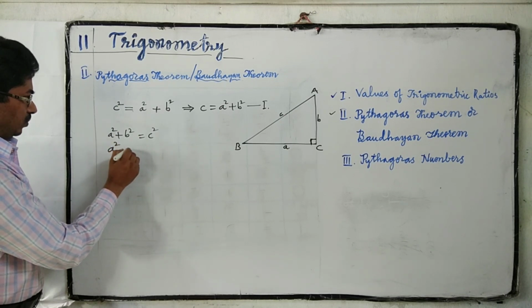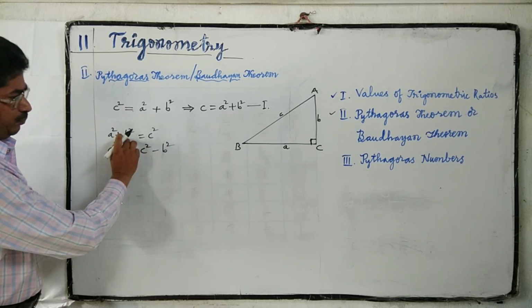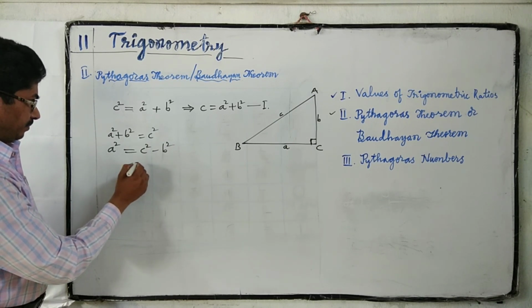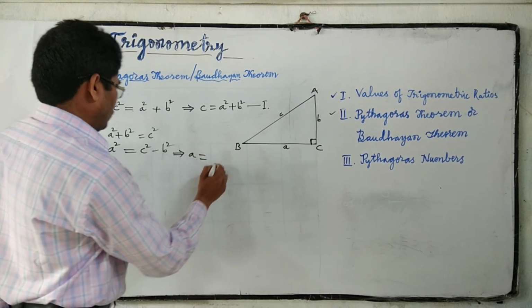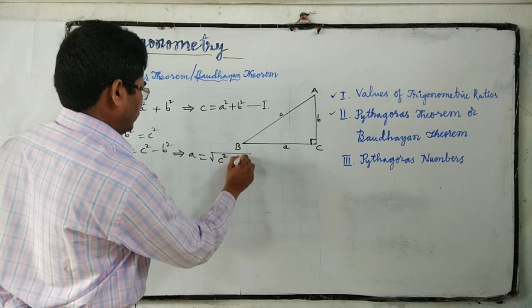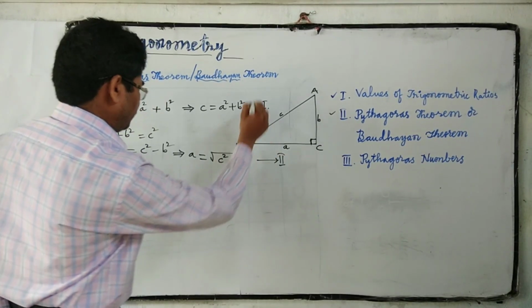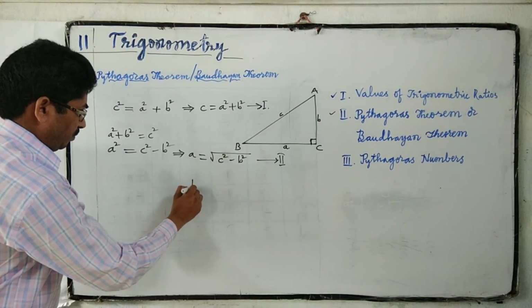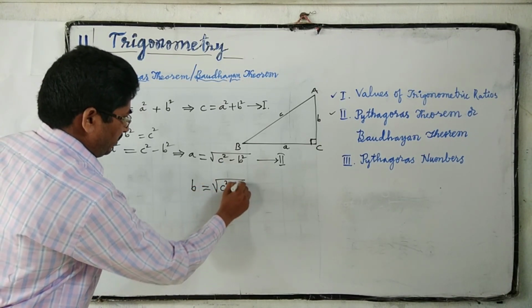A square is equal to c square minus b square, shifting this b square from left to right. Then a is equal to under root of c square minus b square. Similarly, we can write b is equal to under root of c square minus a square.